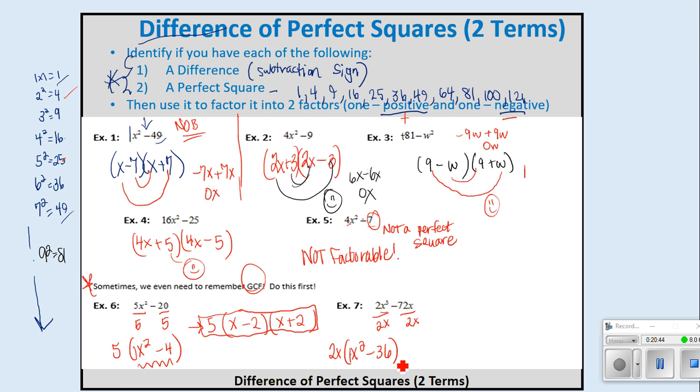Is 36 on the list? It sure is. So our answer is going to be, leave the 2x out there, and we'll go x minus 6, because what makes x squared? x and x. And what makes 36? Negative 6 and a positive 6. And that would be the final answer.